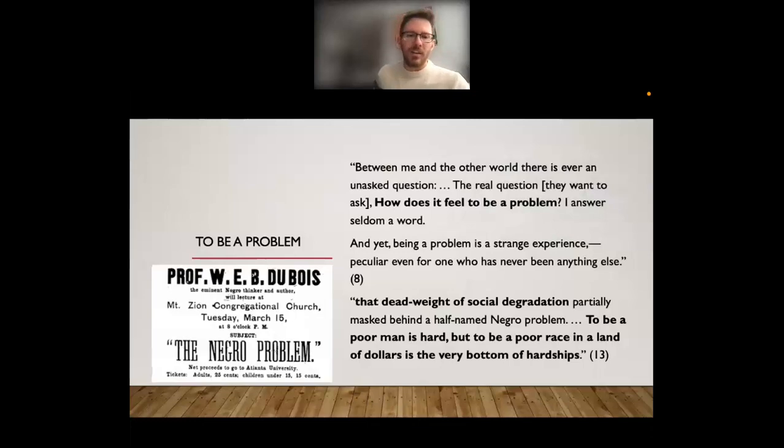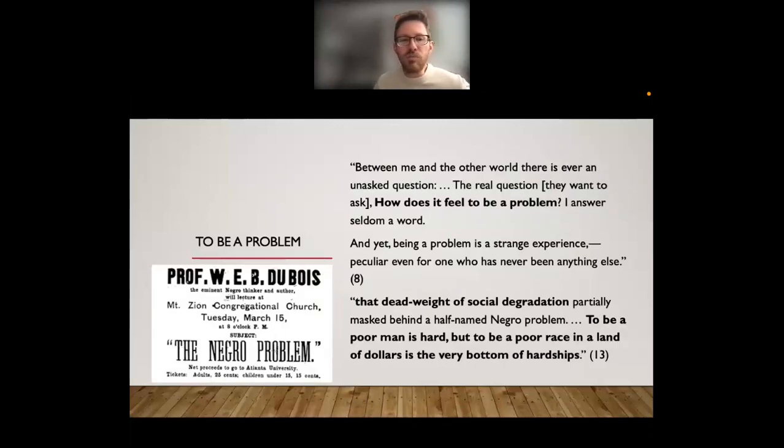So, what is it to be a problem? It is a condition in which a society has marginalized a group of people and now has to deal with what to do with them. This was often described by his contemporary Booker T. Washington, who talked about the quote-unquote Negro problem.